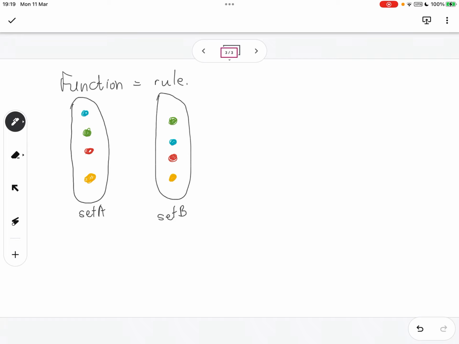that uniquely associates the elements of set A with the elements of set B. So there is a unique relation between the elements of set A and the elements of set B. And each element in set A maps only to one element in set B. I'll repeat that.